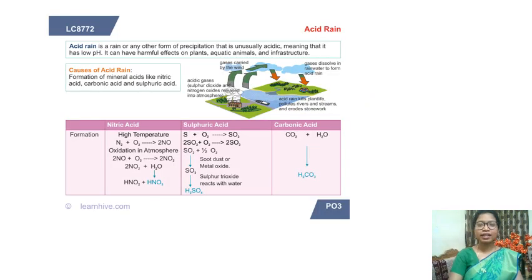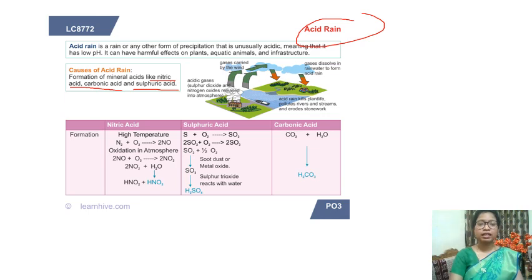Now what is acid rain? Acid rain contains certain acids, and they are nitric acid, carbonic acid and sulfuric acid. As you can see, there are a lot of pollutants in the atmosphere, and when these pollutants react with rain they form certain acids.